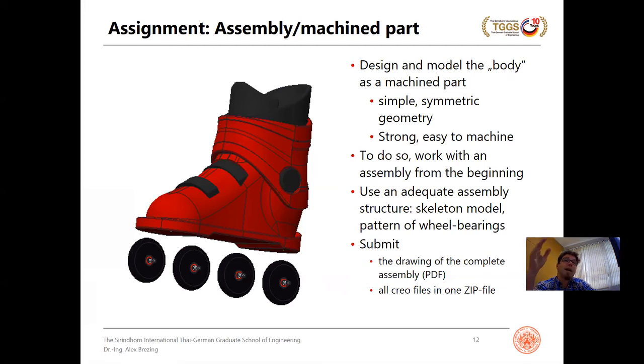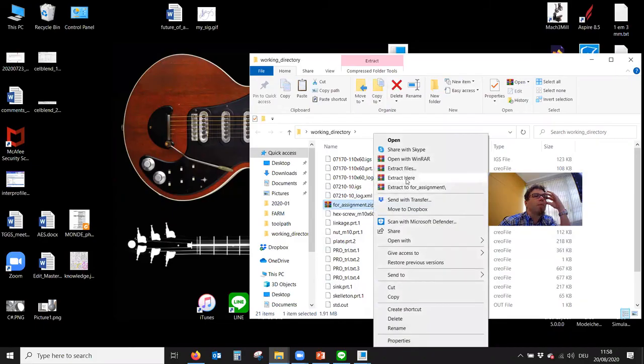If you start with the assembly, it is actually easy to design the missing part, right? So what I want you to do is to make a skeleton part first, and place the 4 rollers and the shoe in the skeleton part, or in the assembly rather, right? So the skeleton part would contain a pattern of these axes, and maybe even a datum plane to place the shoe on. So this is what I'm giving you.